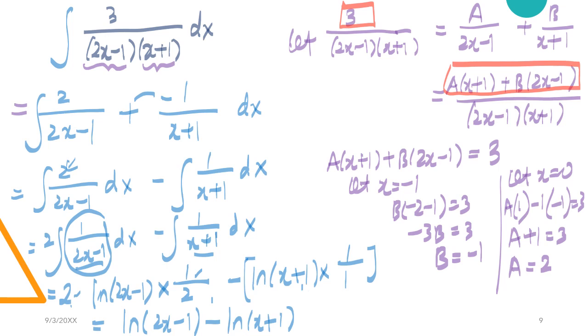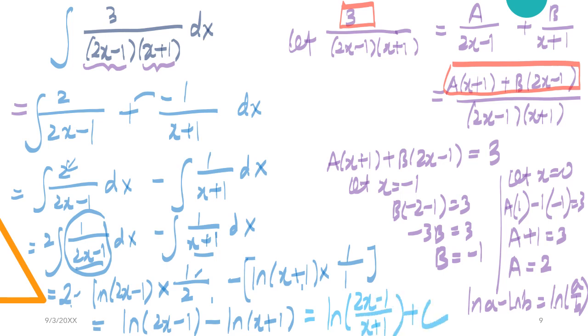But if you want to simplify it further, which I don't think is necessary, recall that ln a minus ln b gives you ln bracket a over b. So this one can be equal to ln bracket 2x minus 1 divided by x plus 1, and then plus a constant c.